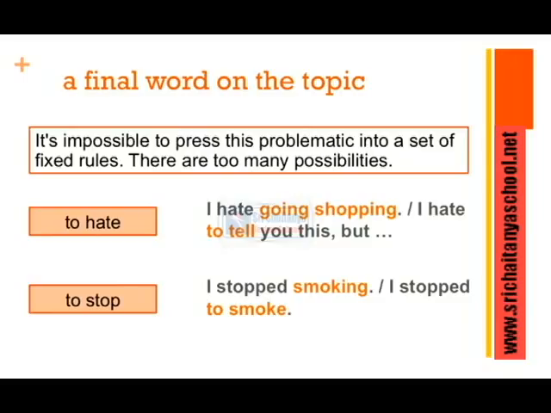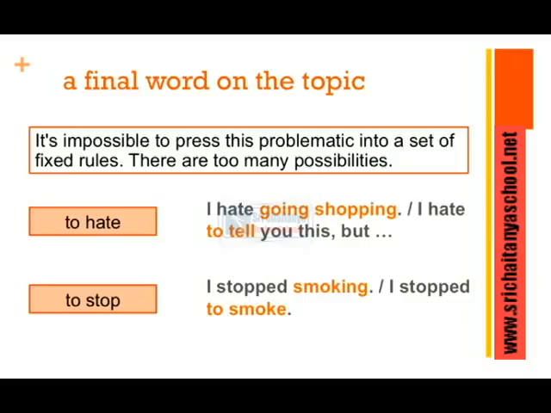It's just the gerund after I hate, and of course you can say I hate to tell you this. So you can also have the infinitive, both having a little bit of a different meaning here. You can say I stopped smoking, or you can say I stopped to smoke, the first one being the habit, I stopped smoking, and the second one is just the next thing that I didn't do. I stopped to smoke, okay?